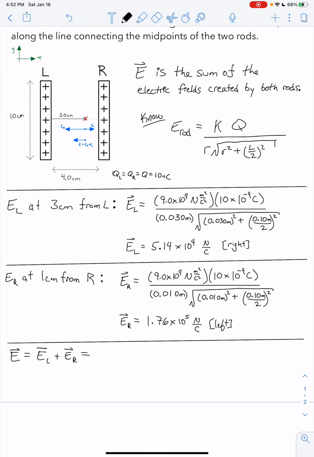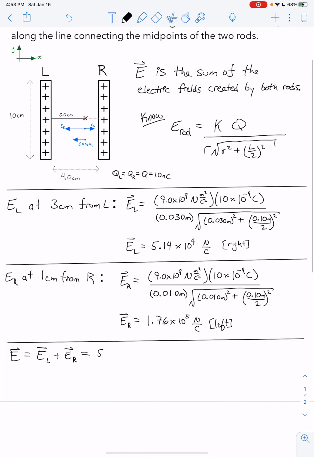I've arbitrarily decided by convention that to the right is positive, so E_L is positive: 5.14 times 10 to the 4 newtons per coulomb, minus E_R, since it's negative, 1.76 times 10 to the 5 newtons per coulomb.